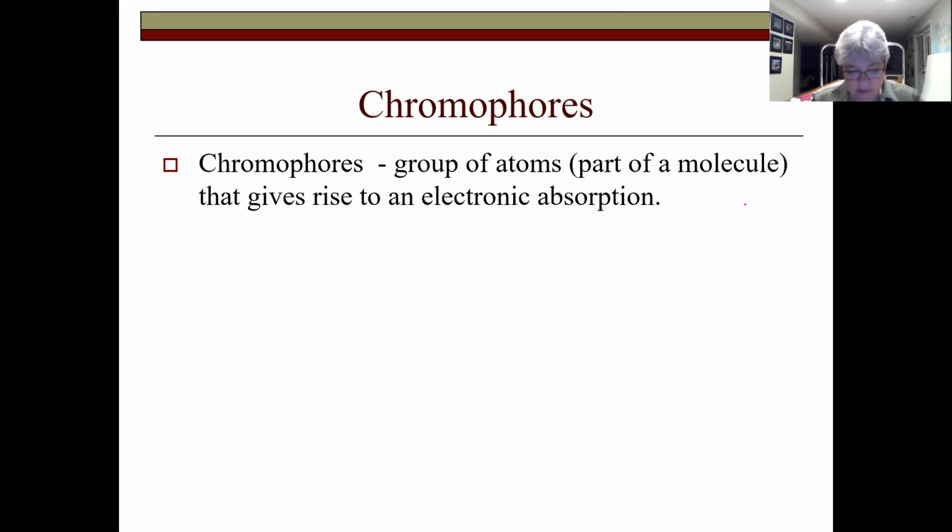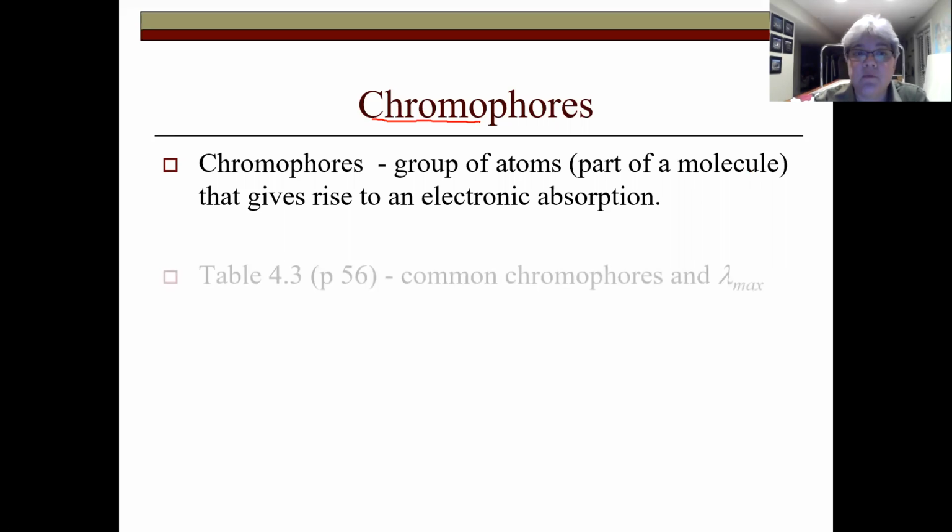The first vocabulary word is chromophore. The chromo part of the word means color. So the chromophore is the part of the molecule that absorbs the light, the part responsible for your absorption band.